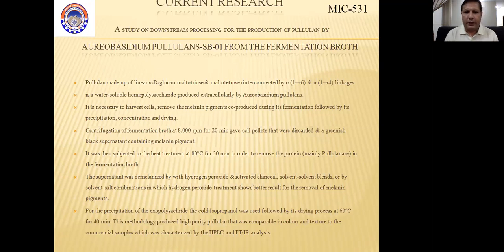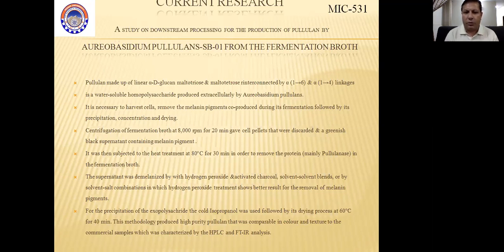For the precipitation of the exopolysaccharide, cold isopropanol was used, followed by drying at 60 degrees C for 40 minutes.